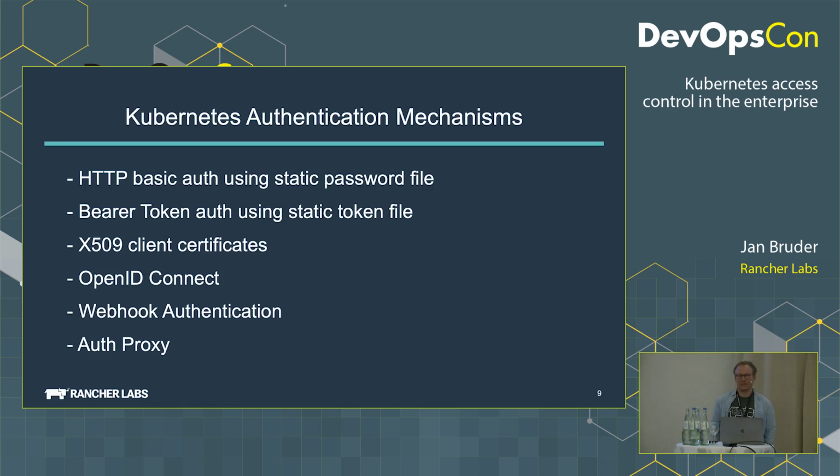And then finally, there's an auth proxy. So you would use that mechanism if you have an authentication proxy in front of the Kubernetes API that basically does the job of authenticating the user, and then would pass on some information about the user identity also in the HTTP headers.